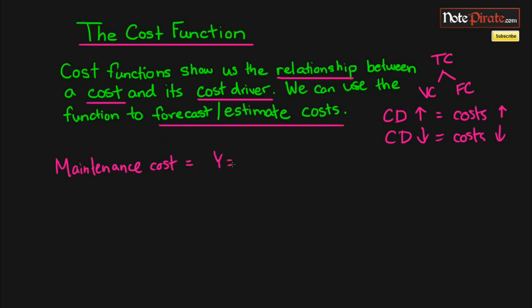Last time I wrote it down as y = 5x + 20,000. That equation was derived from our equation of a line, y = vx + f.